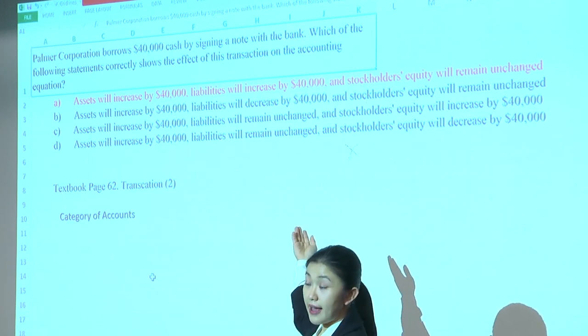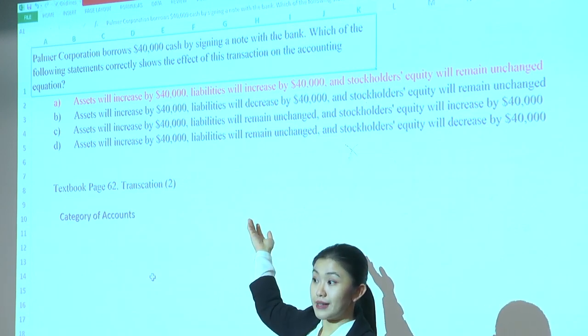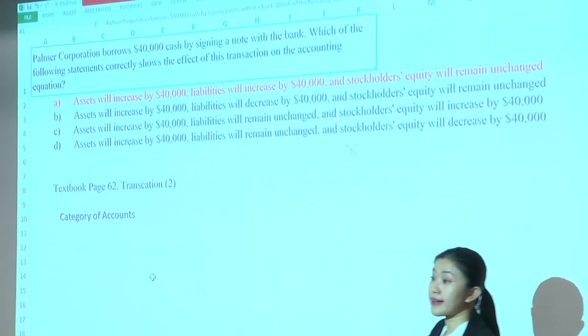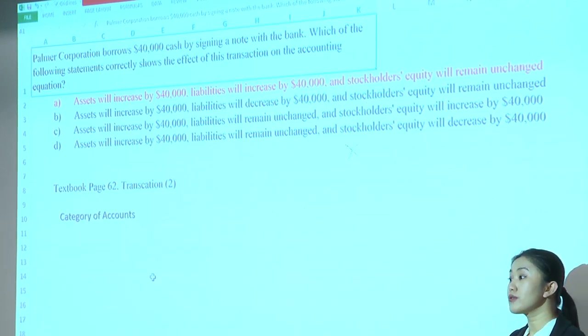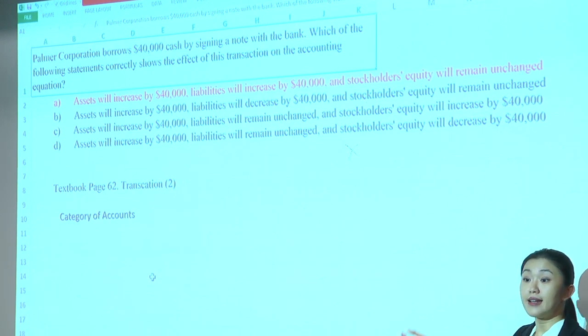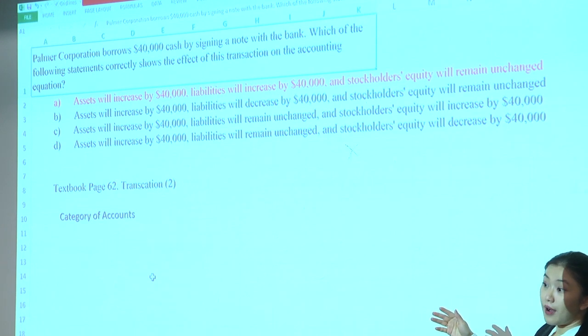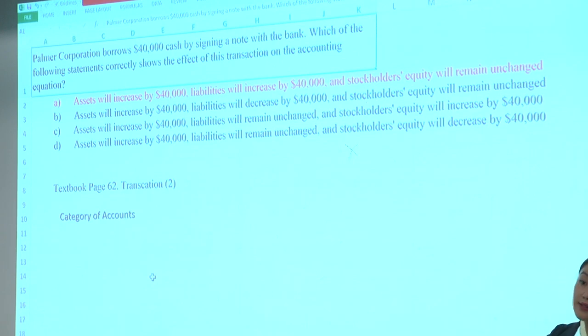Here it's the bank, so it's the liability side. So two effects. Sometimes we will see more than two accounts affected, which will be covered later in other questions. So this is the first step: we know what accounts, the category of the accounts, and the effect on the accounts.